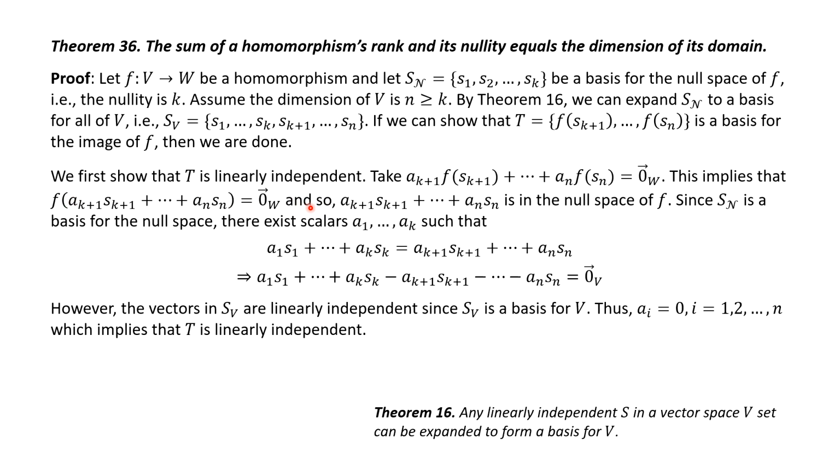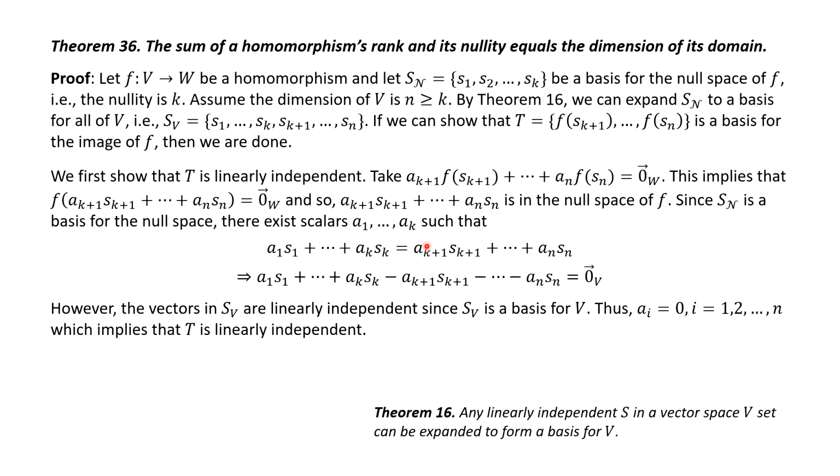And so the argument, this expression here, is in the null space of F. And since S sub n is a basis for the null space, there exist scalars a1 to ak such that we can write this element of the null space in terms of the basis of the null space. In other words, this expression here.